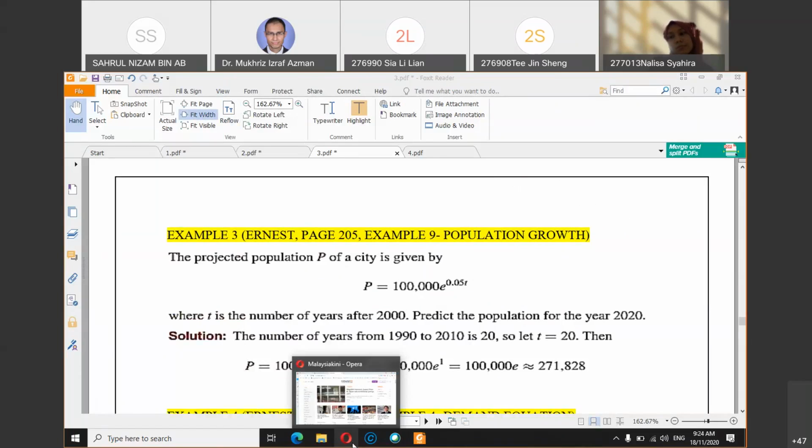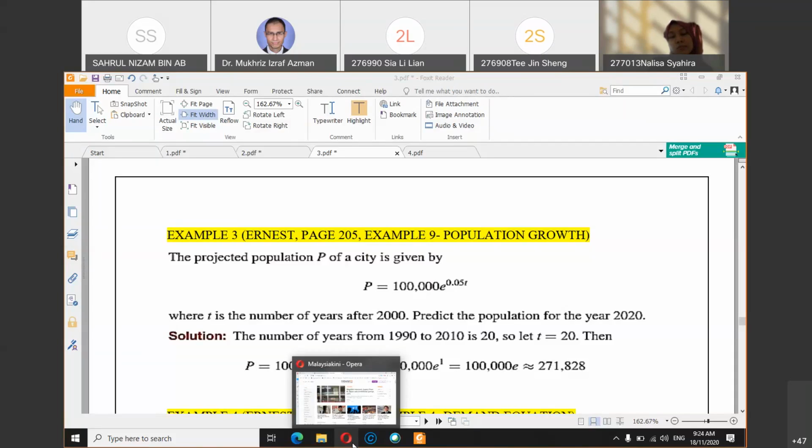Predict the population for the year 2020. So we predict the population for 2020. After year 2000, 2020 minus 2000, we get 20 years.